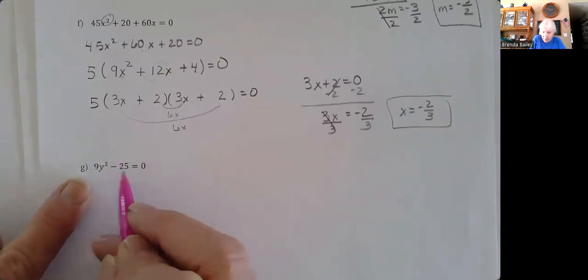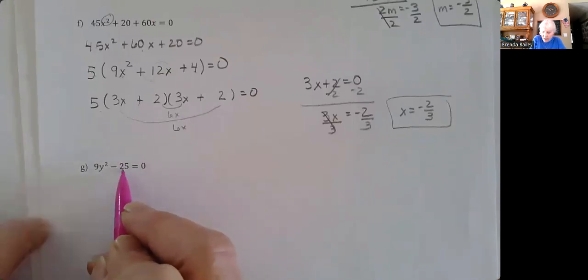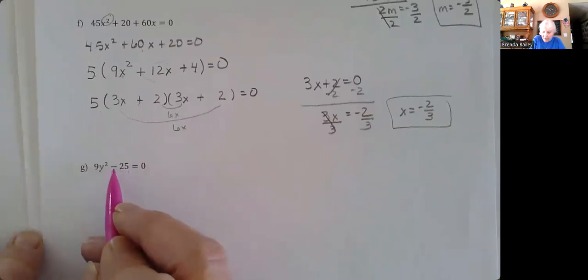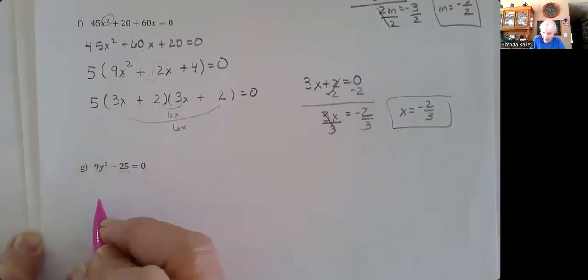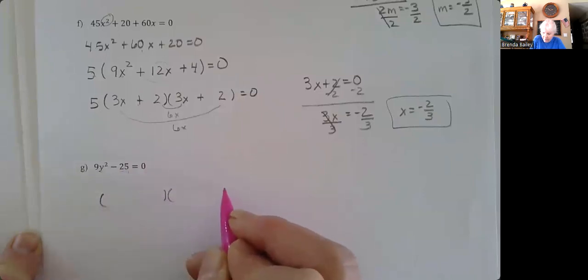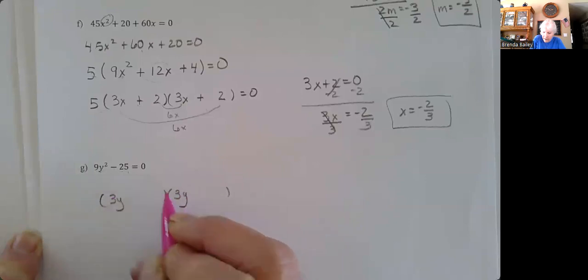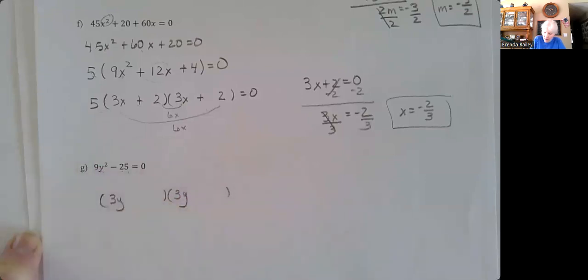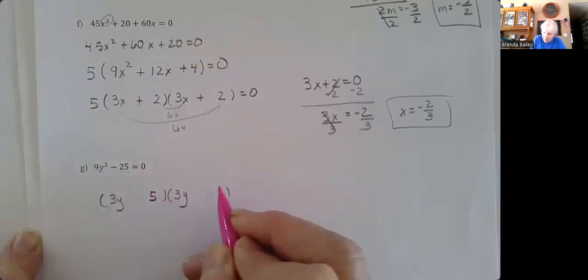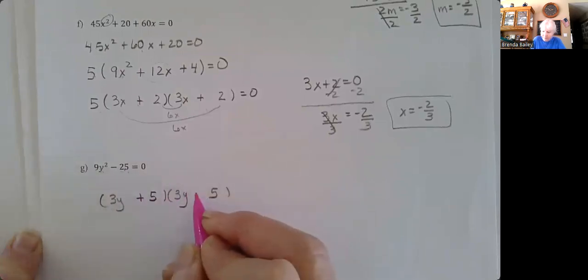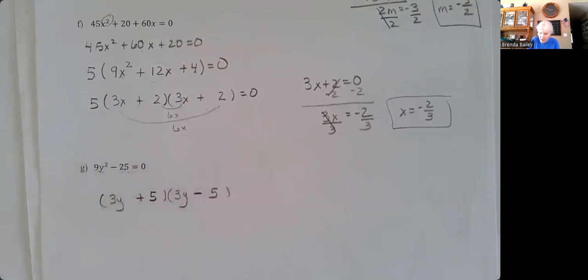Again, it's set equal to 0. The greatest common factor, there is not one, but this looks like a difference of 2 squares. So 3y and 3y give you 9y squared. 5 times 5 gives you 25, plus or minus, so you have no middle term.